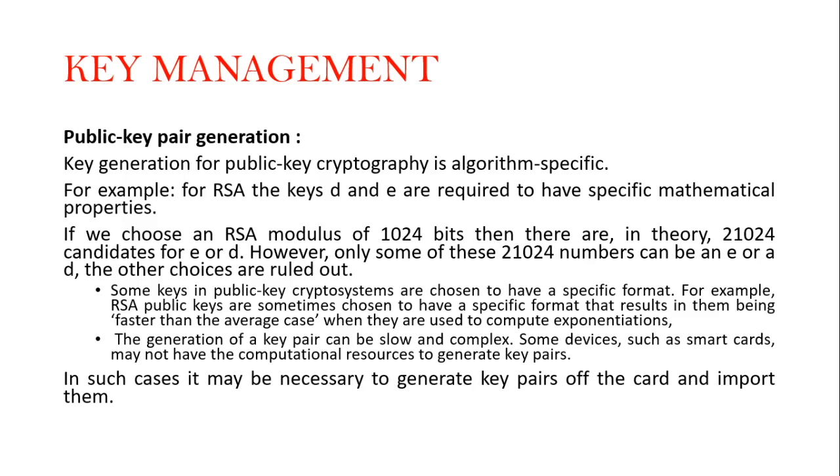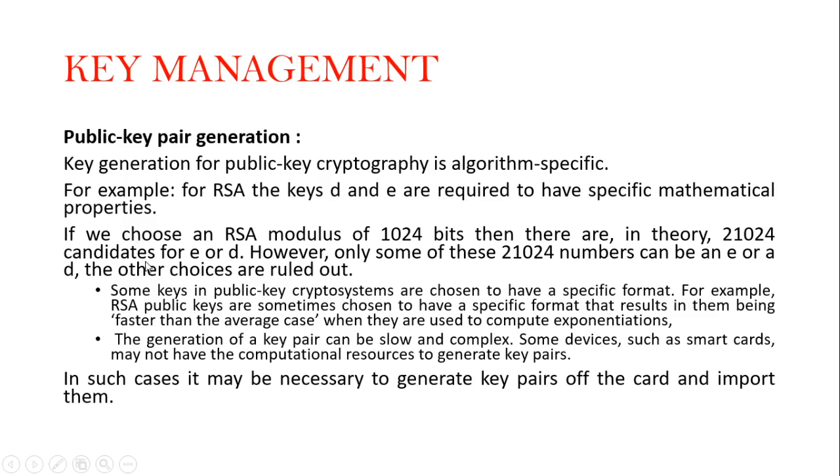Next we have public key pair generation. In public key pair generation, the best algorithm we'll be using for public key encryption is the RSA algorithm. Key generation for public key cryptography is algorithm specific. For example, for RSA, the keys D and E are required to have specific mathematical properties.